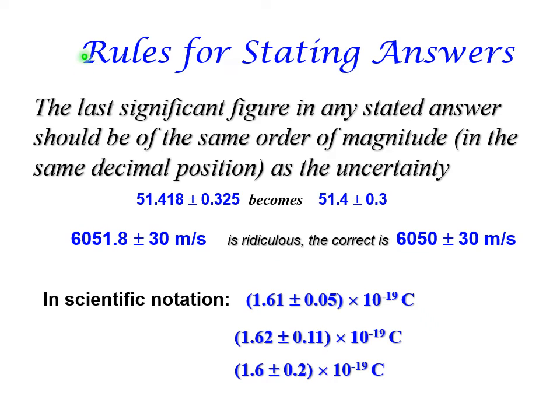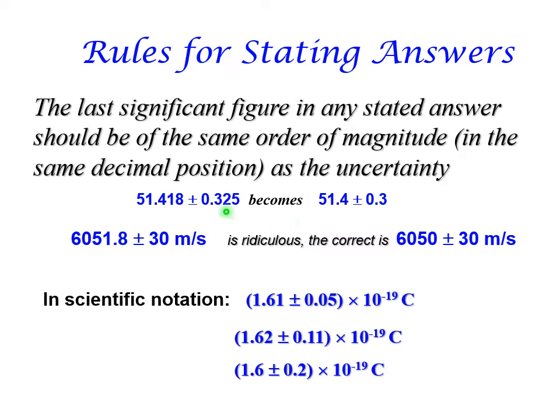Now, how are we writing the answer itself? The last significant figure of any stated answer should be of the same order of magnitude, in the same decimal position, as the uncertainty.